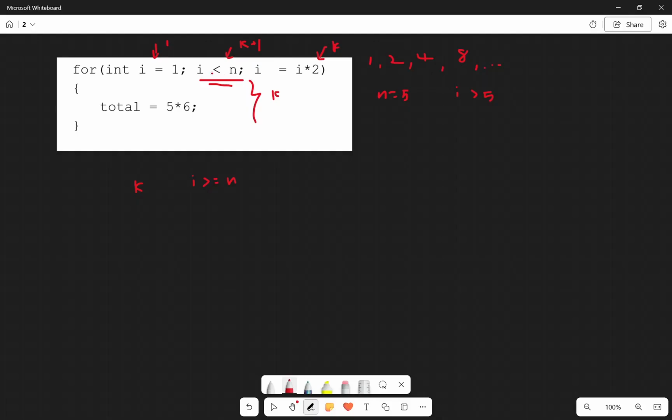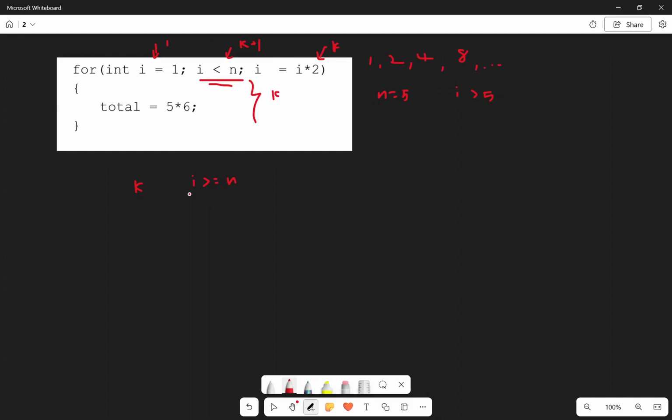All right. So this runs once, then again this runs once, then all of them run 4 times. After running 4 times, it will be 8, and after running the condition check for the 5th time, only then the loop will exit. Therefore, after k iterations, I will be greater than n.